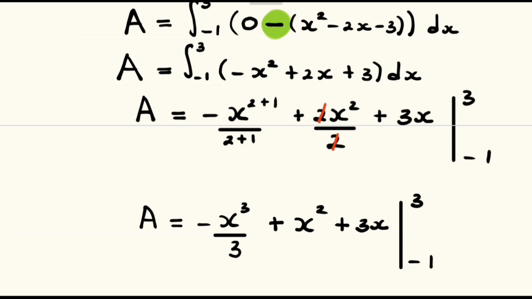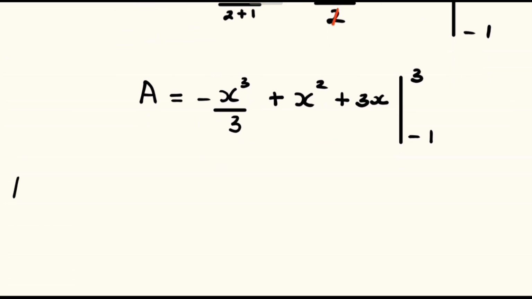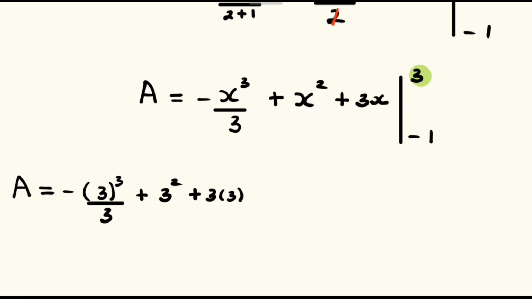We start by substituting the bigger number where there is x. So our area will be equal, we will substitute that 3 where there is x. So we have negative 3 raised to the power 3 divided by 3 plus 3 raised to the power 2 plus 3 multiplied by 3, and a big minus in between the two.